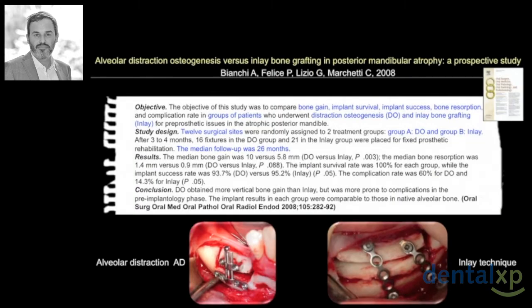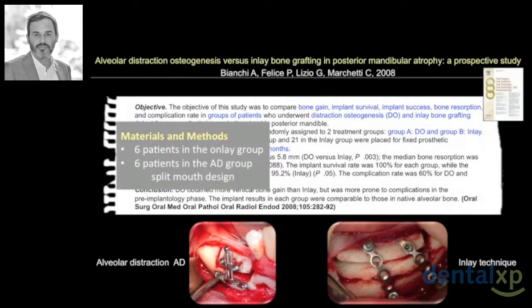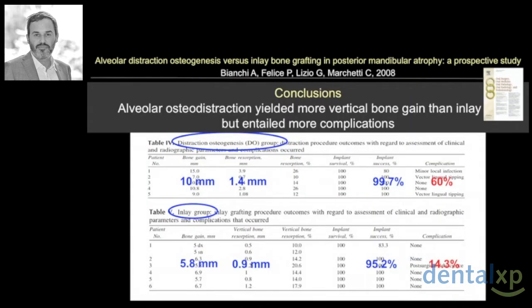We also compare inlay with alveolar osteodistraction, and the study is the same. Our results with alveolar osteodistraction are not very good. If you look here, we have 16% of complications.